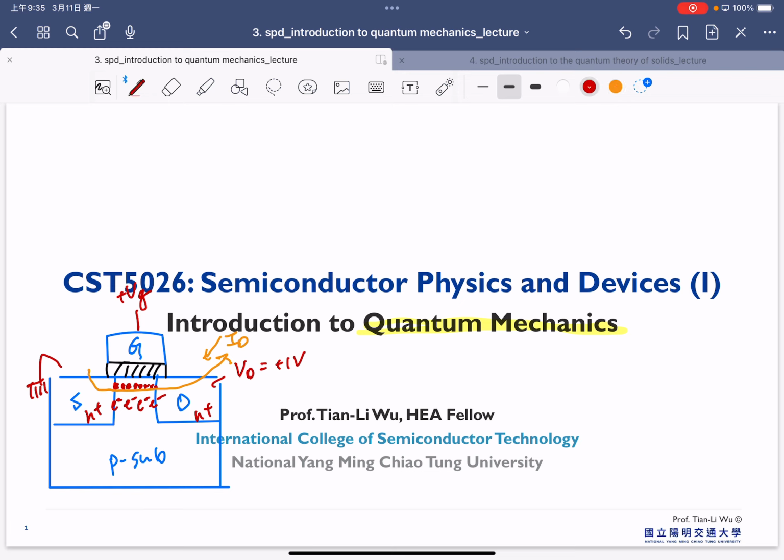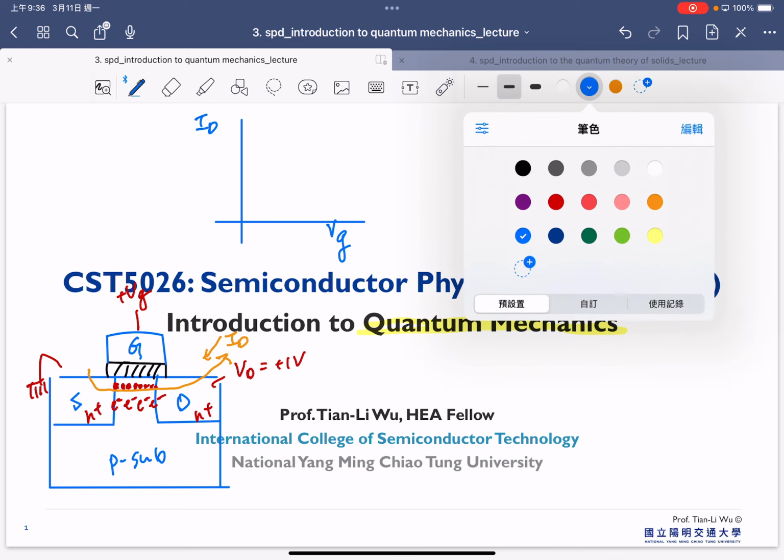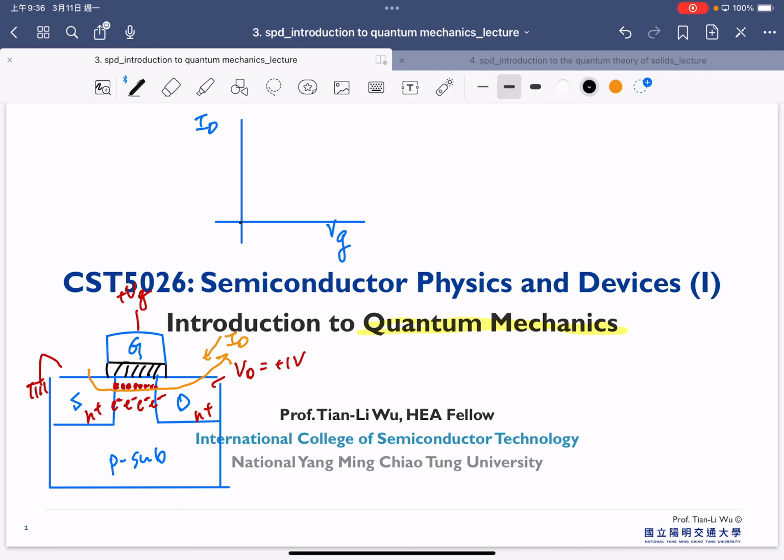Based on this understanding, if you try to plot the most important ID-VG curve, we can expect, first of all, there should be no current because our gate bias is not large enough. Once the gate bias is large enough, you start to have current flow.